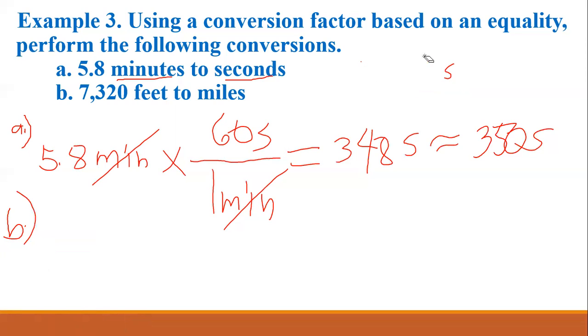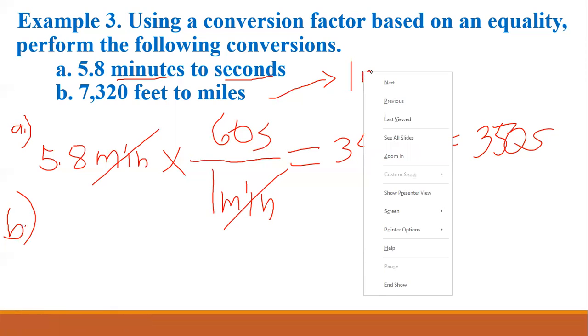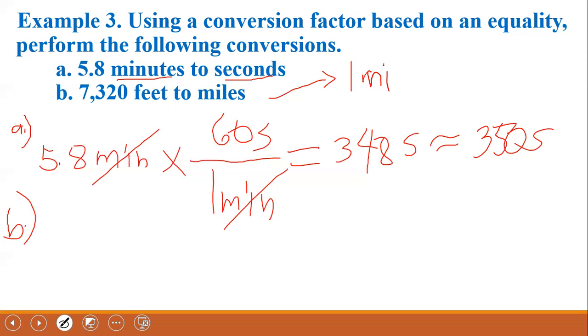It is 1 mile equals 5,280 feet. The quantity on the right-hand side of our equality must appear in the denominator of the conversion factor.